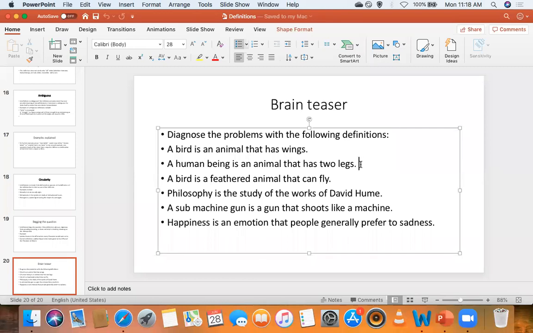And at the same time, if having 2 legs is not enough to make one a human being, then it is also too narrow. Sometimes you can get definitions that are too narrow in one sense and too broad in another sense. And so it depends on the kind of question.